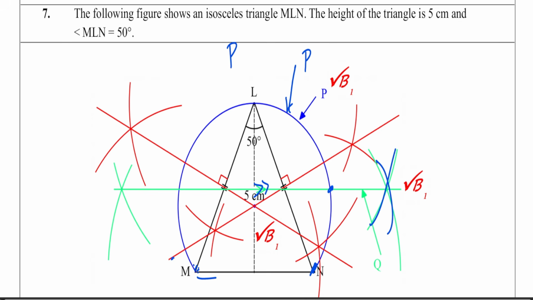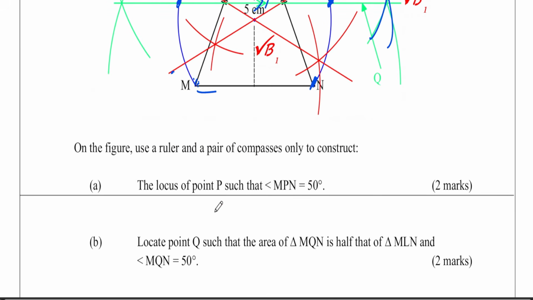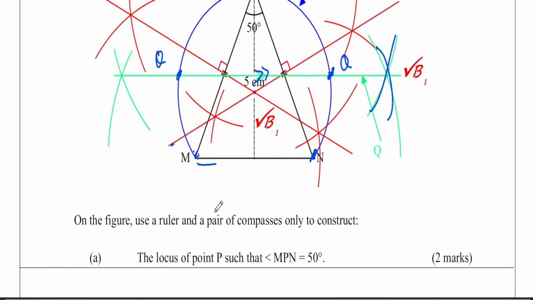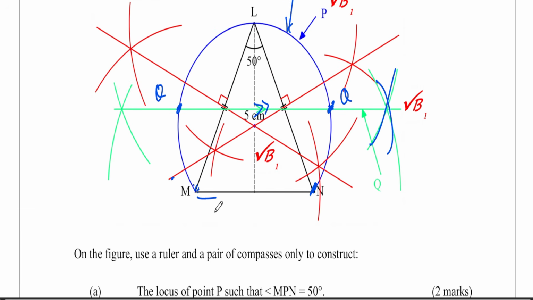So pale ambapo itakapokata ndo sasa Q yako. So most probably your Q is at these 2 points. Sawa. Na swali imekuuliza nini? Locate point Q. So we've located, say hii ni Q, this is Q. Sawa, hii ila parallel line yote ni Q, but pale exactly ilipo nani, pale ambapo imeshika hiyo ndo Q yako, kwa sababu wamekwambia the angle at MQN is lazima iwe 50 degrees.